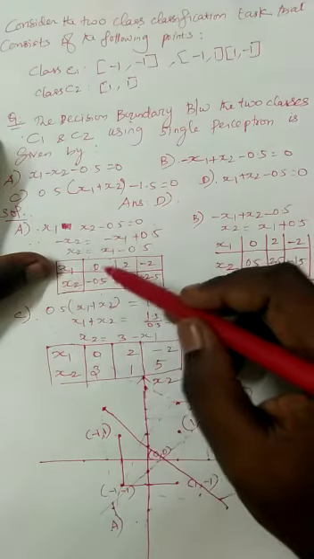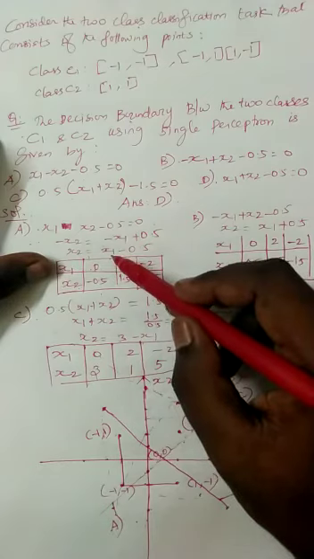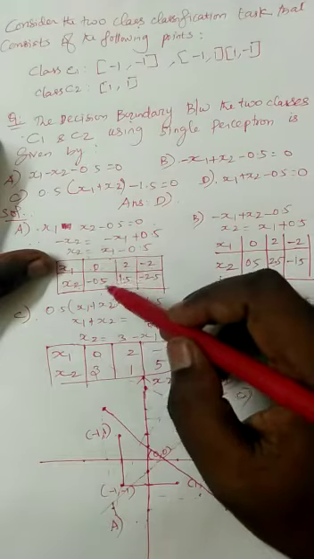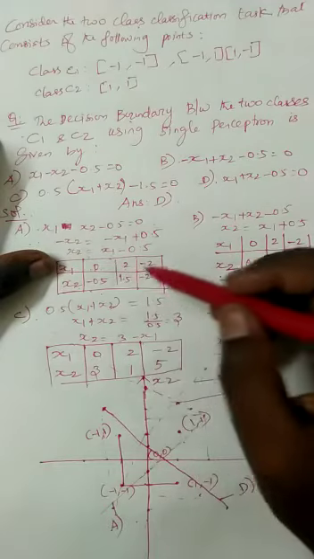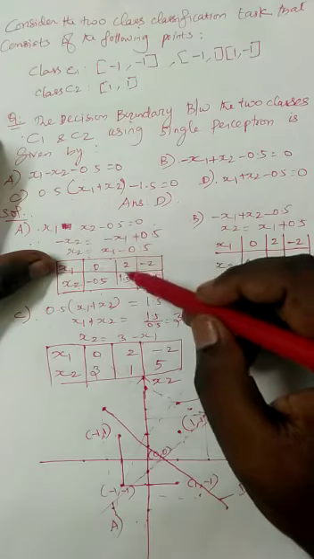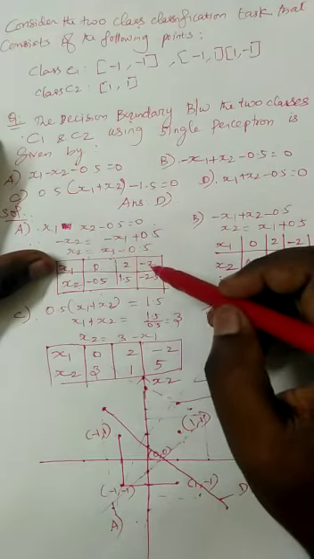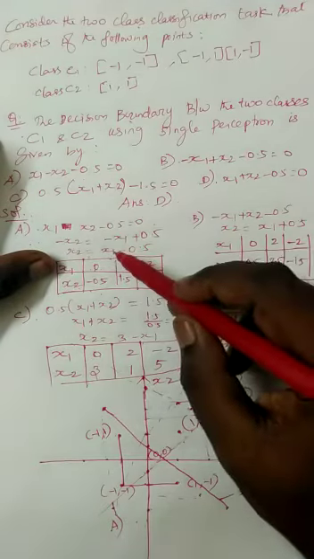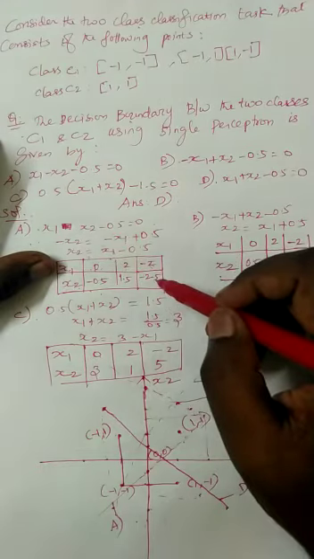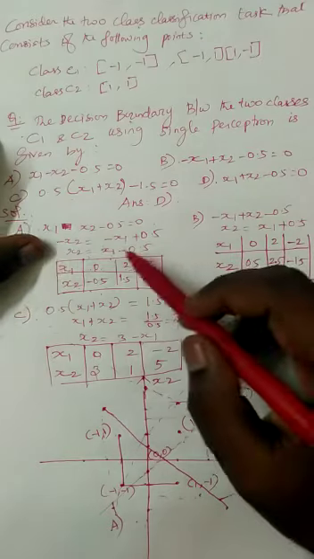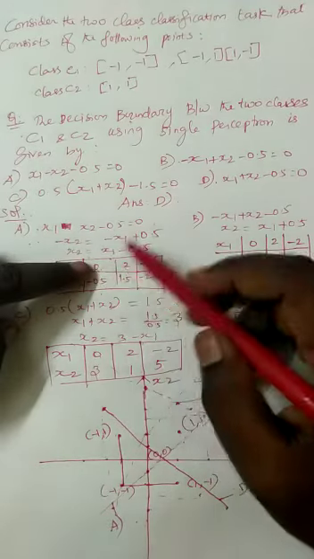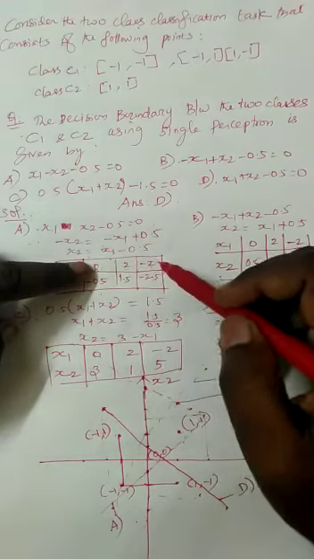If x1 is 0, then x2 = -0.5. If x1 is 2, then 2 - 0.5 = 1.5. If x1 is -2, then x2 = -2.5. This range of values, 2 to -2, is enough.